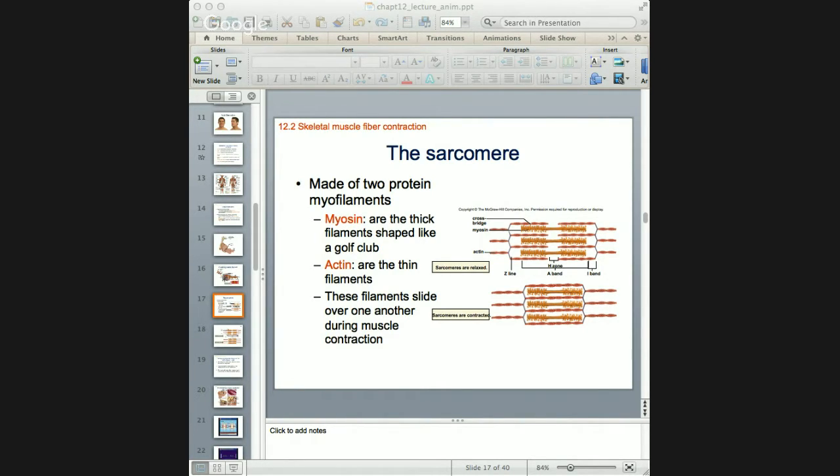When a muscle contracts, it means that all these sarcomeres along the entire length of the muscle are contracting. That's a relaxed sarcomere in a magnified view. So here's our relaxed sarcomere, and this is our contracted sarcomere.